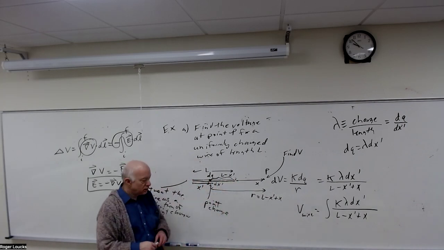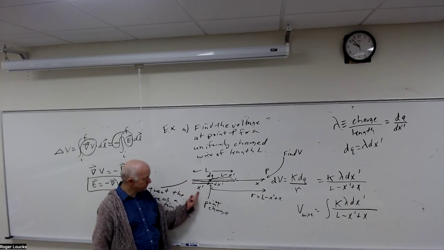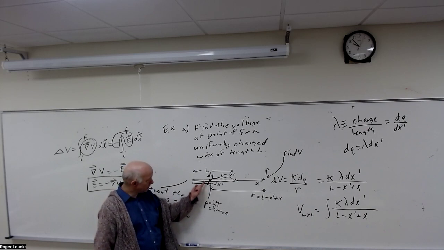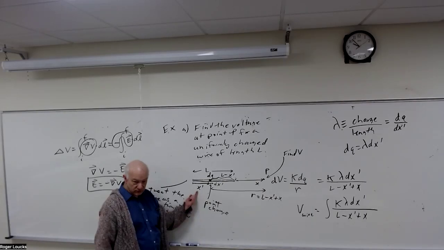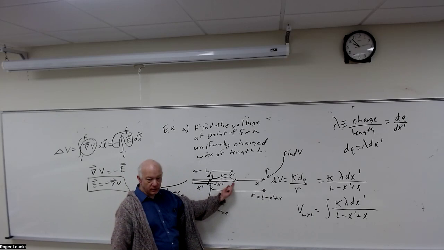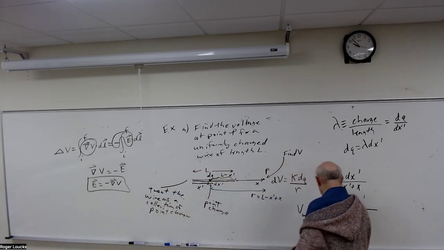X prime goes from the left end to the little point charge. So if my little point charge starts here, X prime is 0. Then I add them all the way up here, where X prime is L. So let's go from 0 to L.